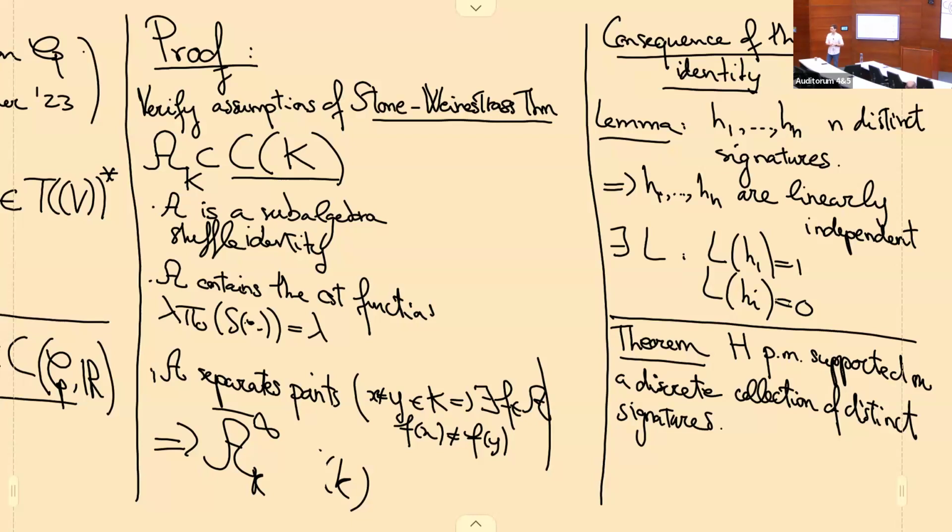So signatures span the space. Because they're linearly independent, they're essentially a basis for tensors, but not a canonical basis. They're not canonical at all. But you can represent any tensor in this generalized way of thinking about tensors as linear combinations of signatures of paths.